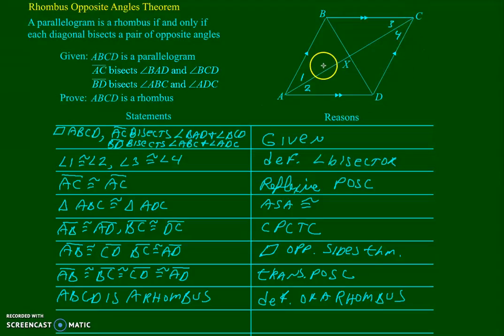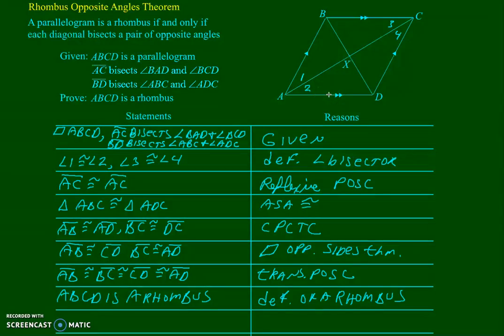The plan for the proof is I want to show that triangle ABC, this top triangle, is congruent to the bottom triangle, and by so doing I'm going to show that this side is congruent to that side. Because we know that these two sides are congruent since ABCD is a parallelogram, and these two sides are congruent, then we'll know that all four sides are congruent to each other, therefore it has to be a rhombus. So that's the plan for our proof.